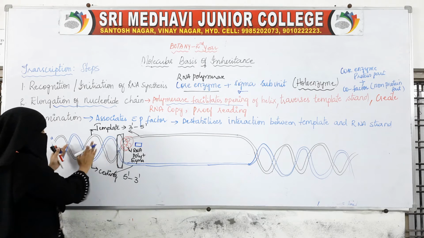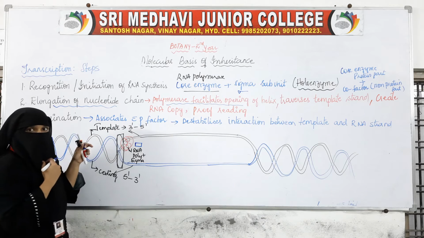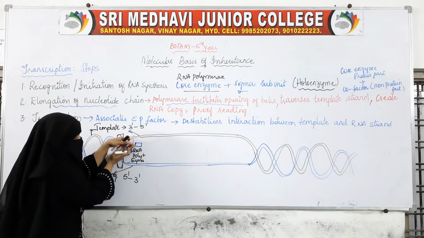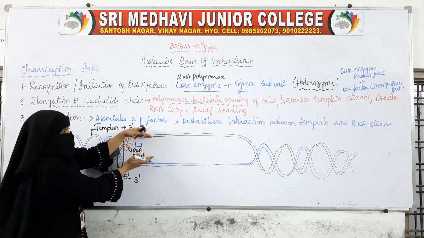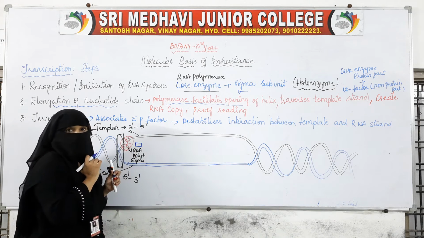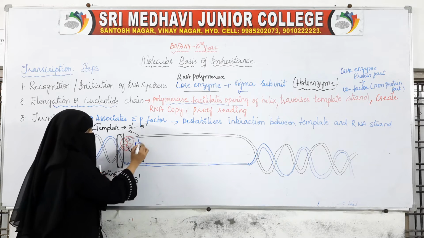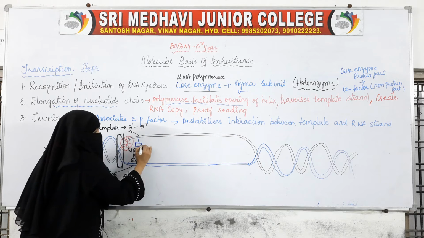Till now the DNA was coiled. As soon as we recognize the site, the helix will start to open up. The polymerase enzyme will be moving. After adding a nucleotide, it will move again, then again add a nucleotide.